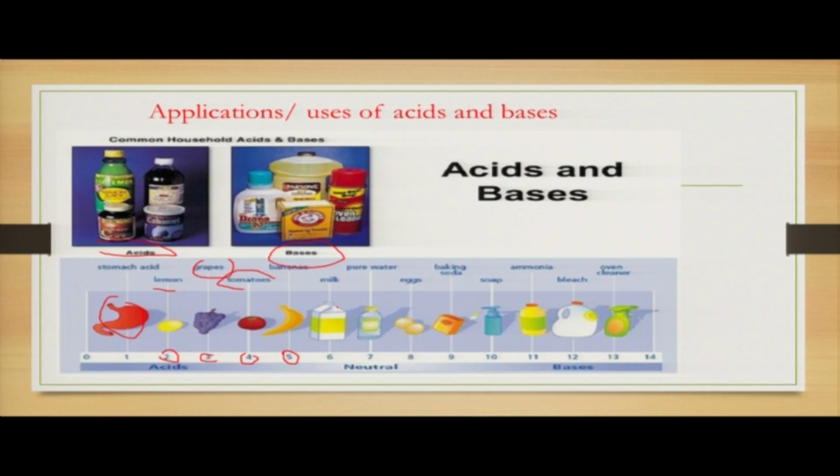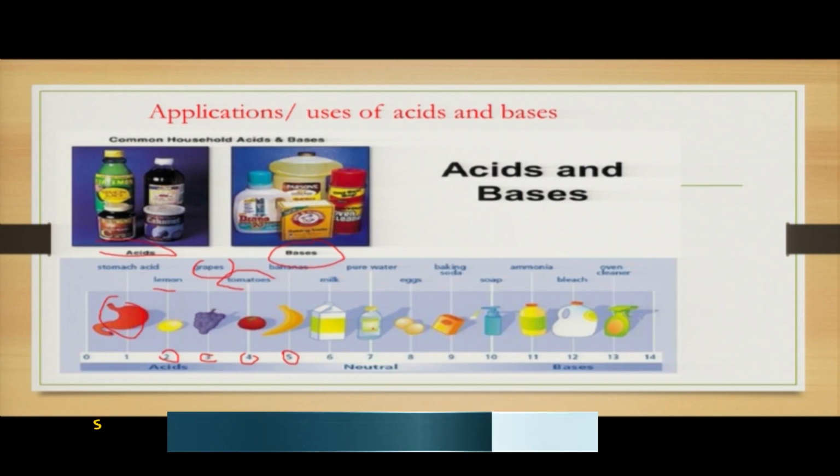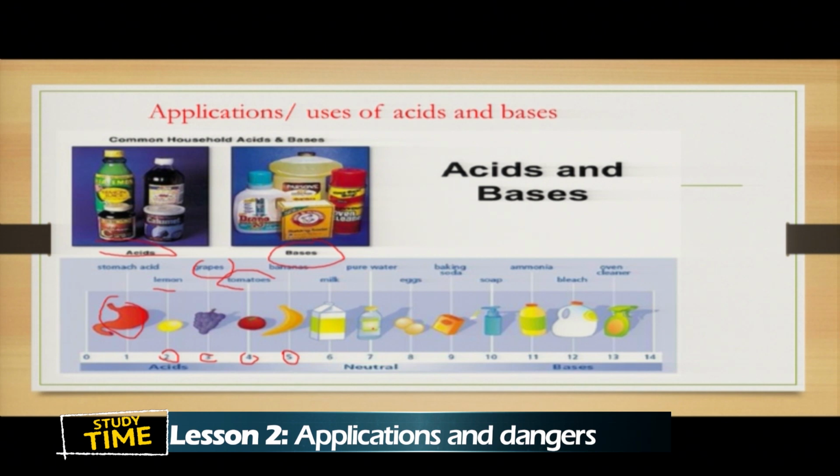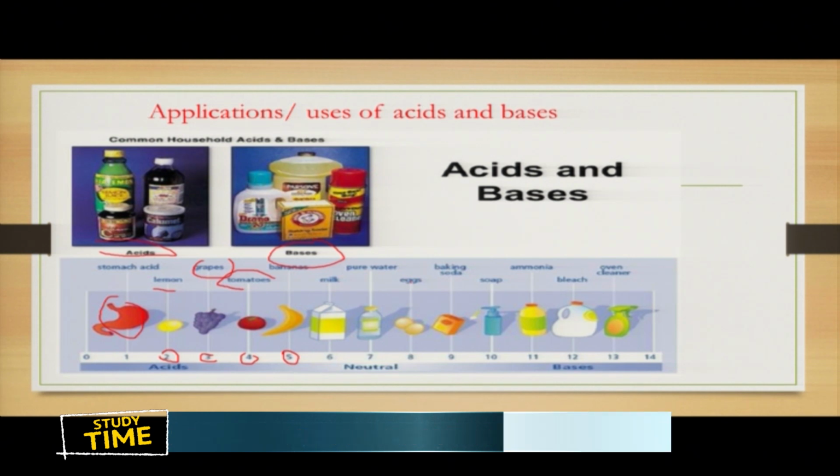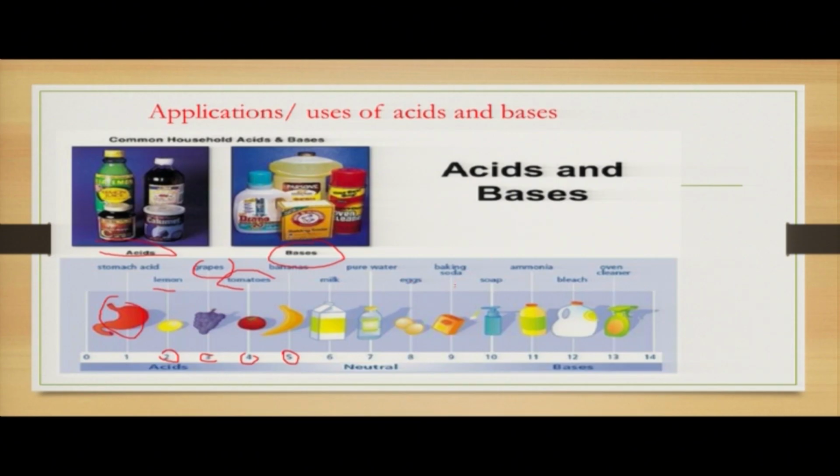And then we have milk. The milk also has acids. We have pure water, which is neutral, of course. In pure water, you won't find anything as far as acid or basic is concerned. Then we have eggs. The eggs contain bases. Then we have baking soda.